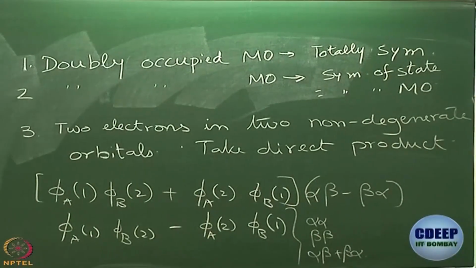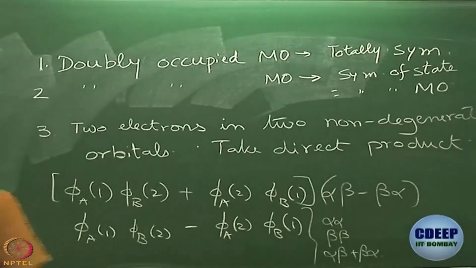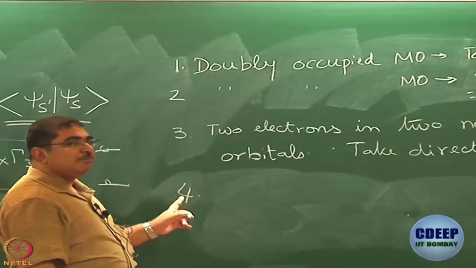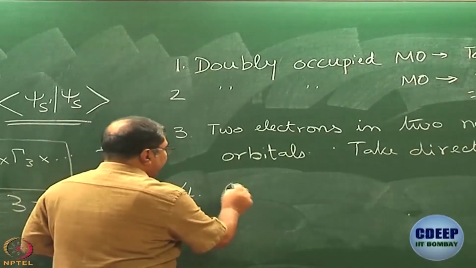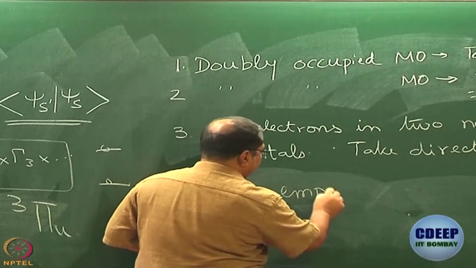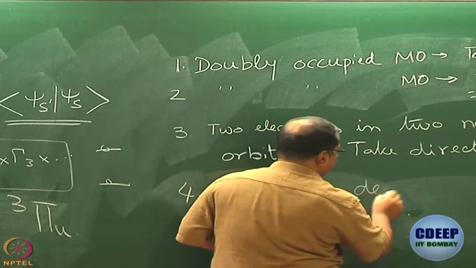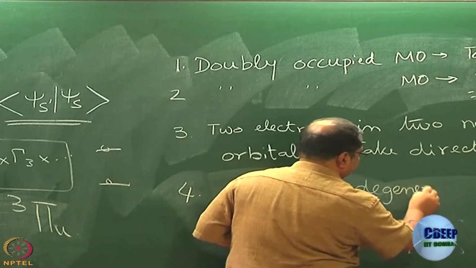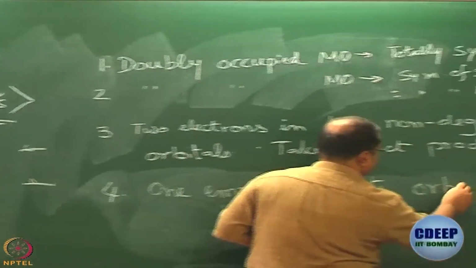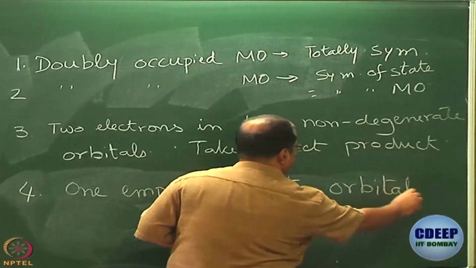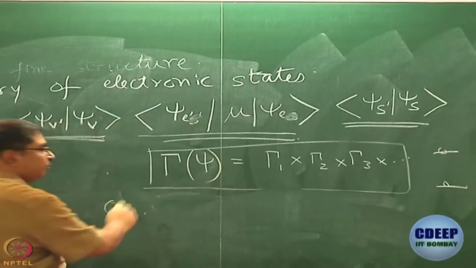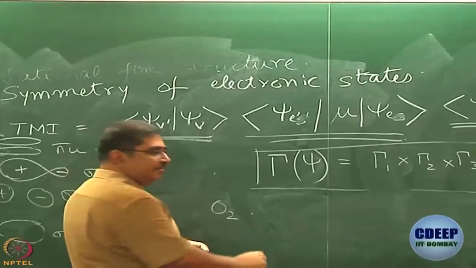Okay. I will quickly write rule number 4 and then we have no more time. What is rule number 4? Rule number 4 is if you have one empty degenerate orbital, example, what is the electron configuration of O2 you said?